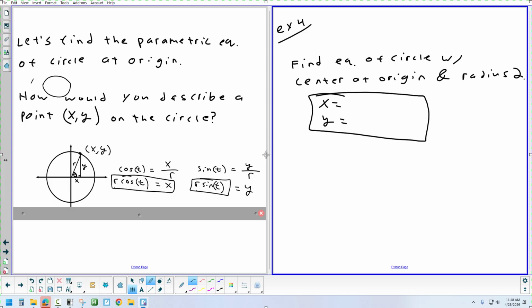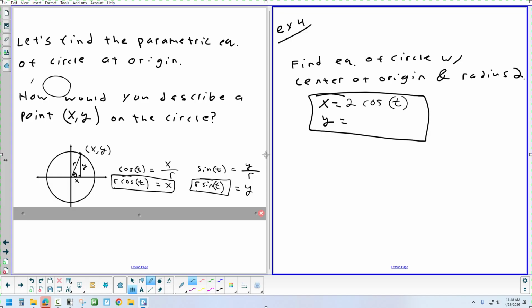So what do you think your x formula would be in example 4? 2 cosine t.